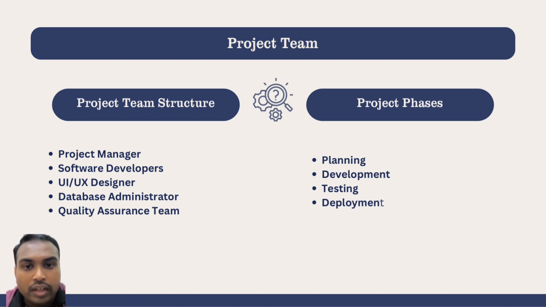We also have the database administrator who manages the databases, and a quality assurance team for checking the quality of the system before sending it to the customer. The project is carried out in 4 phases: planning, development, testing and deployment, ensuring the system is developed and delivered systematically.